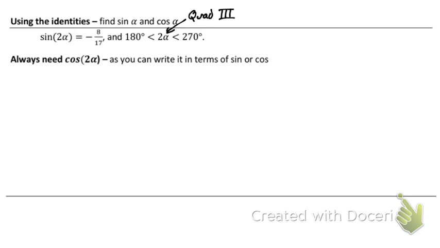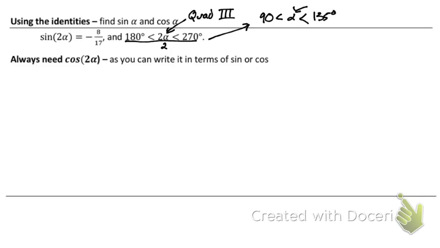So I'm going to divide this entire thing by 2. And that's going to give me 90 is less than alpha is less than 135.